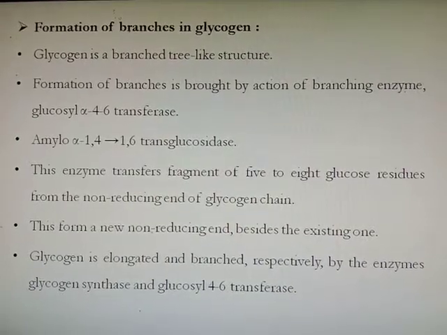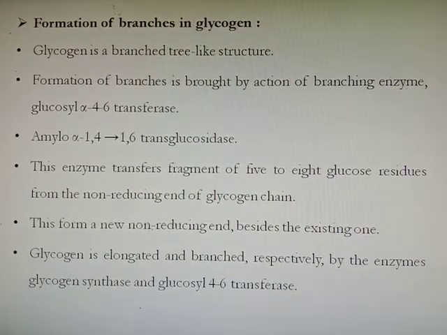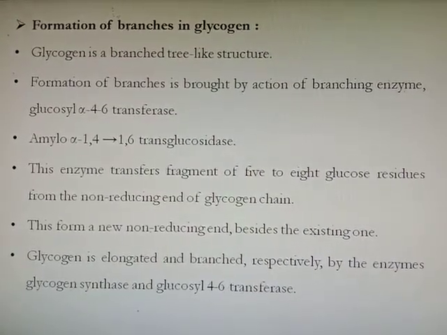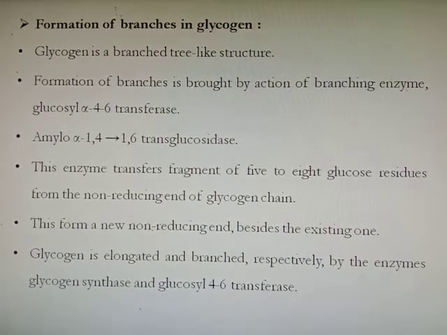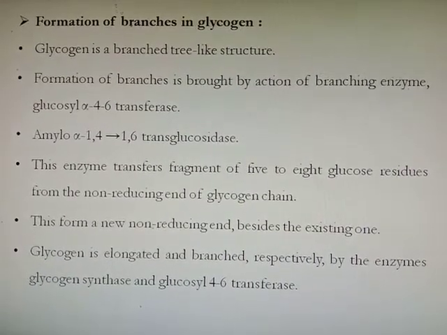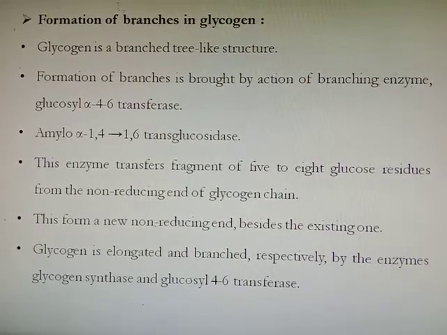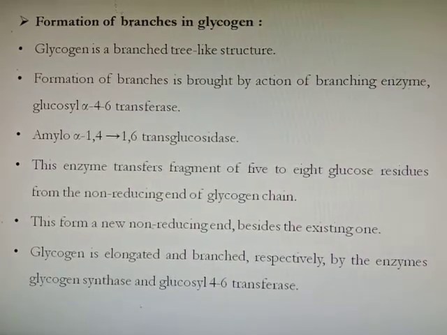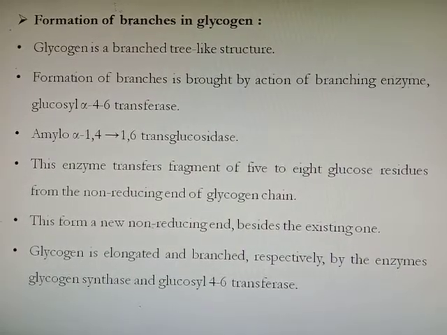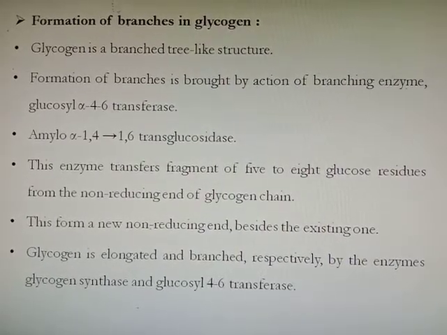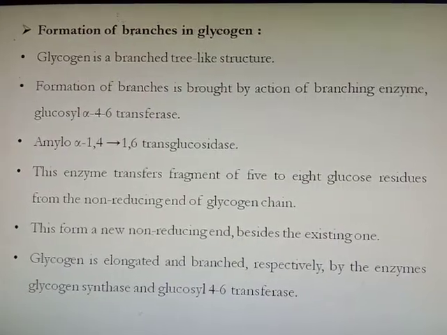This enzyme transfers a fragment of 5 to 8 glucose residues from the non-reducing end of the glycogen chain. This forms a new non-reducing end beside the existing one. Glycogen is elongated and branched respectively by the enzymes glycogen synthase and glucosyl 4,6 transferase.